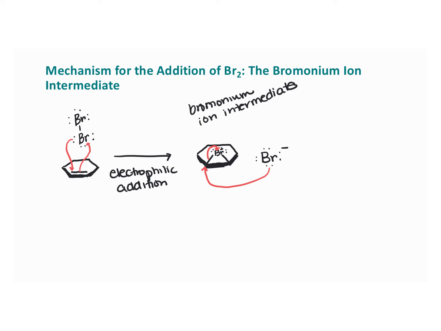Now, because it attacks from the opposite side, or the backside attack of an SN2 reaction, what we find is that there's one bromine down and then one bromine up in this anti-addition, okay? And so notice there's no carbocation intermediate, so we don't have to worry about a rearrangement.